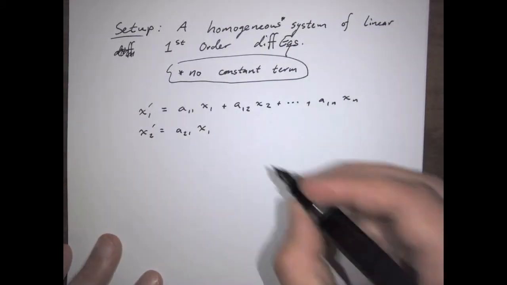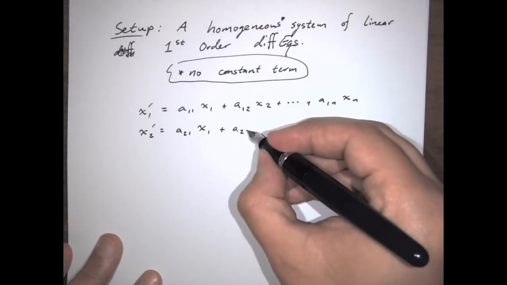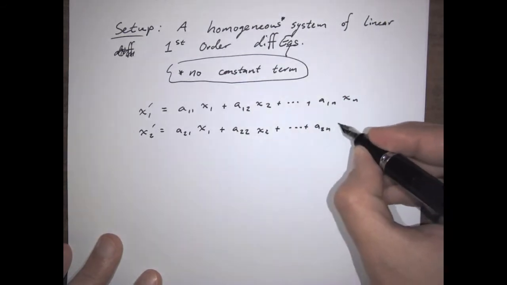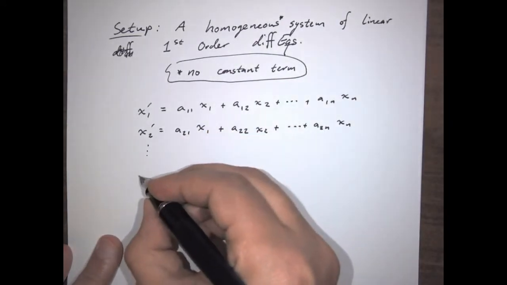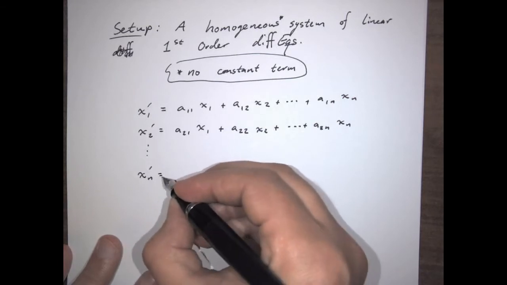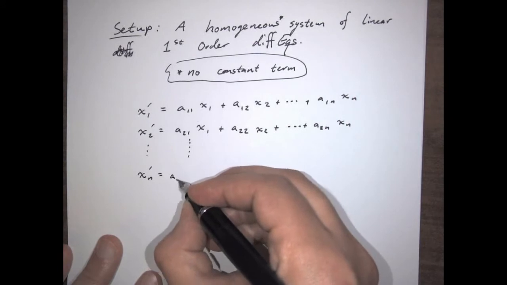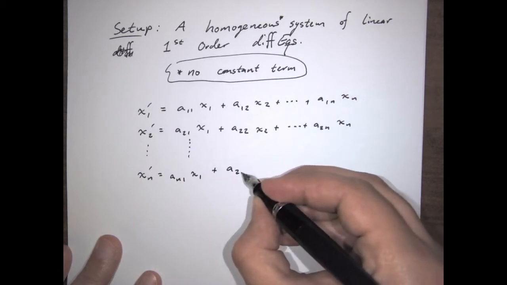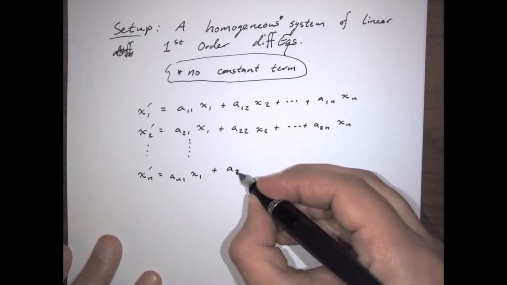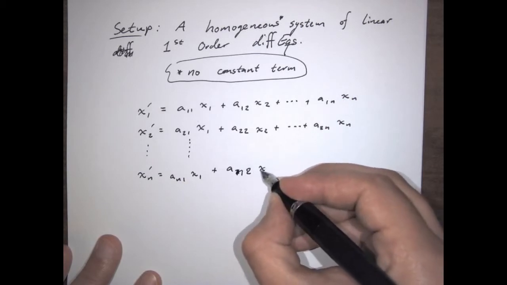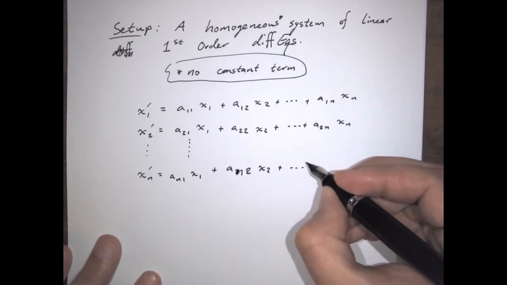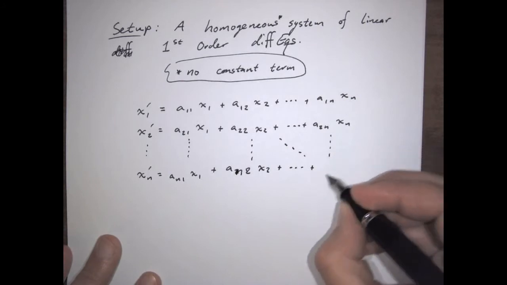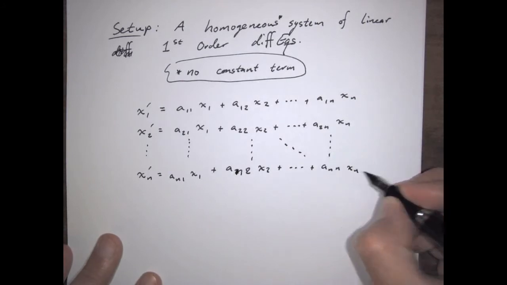And then xn prime is equal to an1 x1 plus an2 x2 plus dot dot dot, plus ann xn.